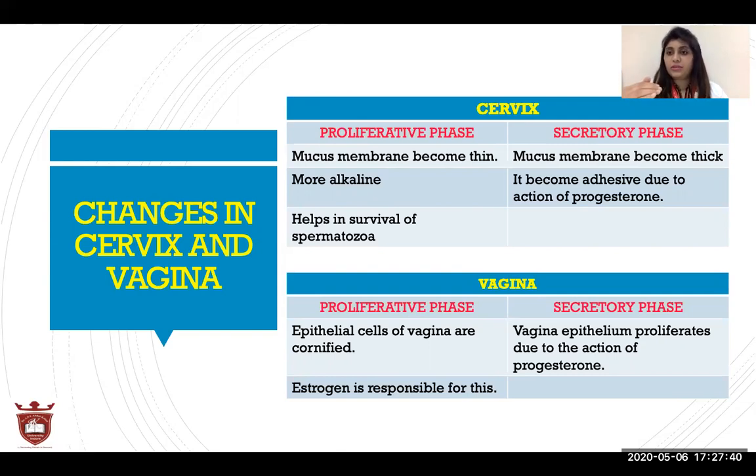Okay, hope you understood this. I'm repeating. Corpus luteum transformed to the corpus albicans. Corpus albicans doesn't secrete any type of hormones. So, estrogen and progesterone levels are very low.